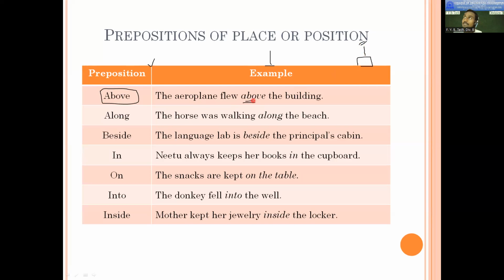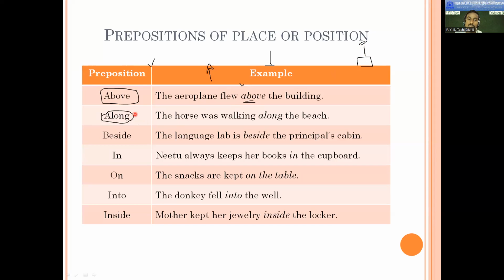For example, the fan is above my head. So above is used to show something is over here like this. Then here is another preposition, that is along. We can use along for meanings like to be with, or across with.